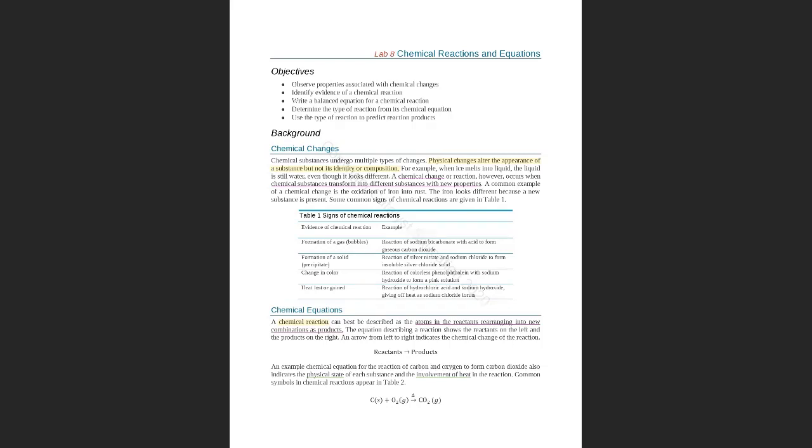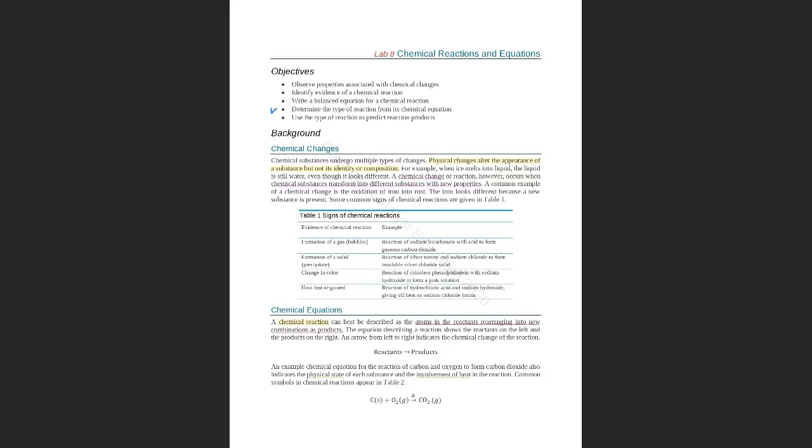This experiment is all about chemical reactions. You will also balance equations: you will be given the chemical reaction equation, and you will have to balance it. And you will predict what type of chemical reaction is given.